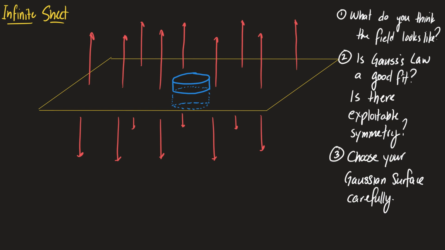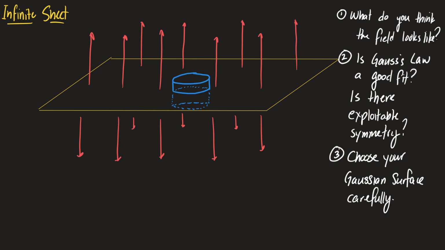And I tried to make sure that it was arranged so that my cylinder was perpendicular to the surface itself, cutting through it in such a way that the electric field lines would only be piercing the top and bottom of the cylinder, and that there'd be no electric field lines piercing the sides of the cylinder. So that was the choice I made.